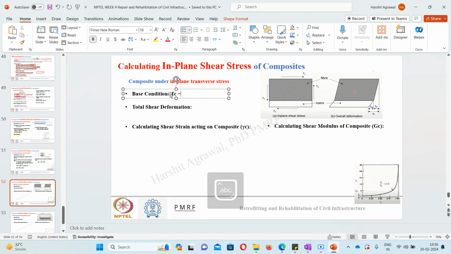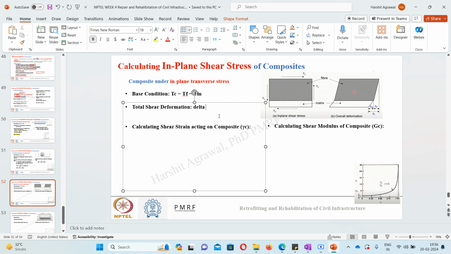Tau C will be equal to tau F will be equal to tau M. So the shear stress acting on the composite will be equal to the shear stress acting on the fiber, which will be equal to the shear stress acting on the matrix. So the total shear deformation delta C is nothing but delta F plus delta M.